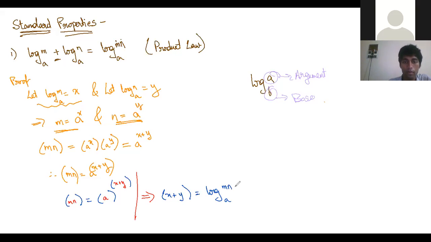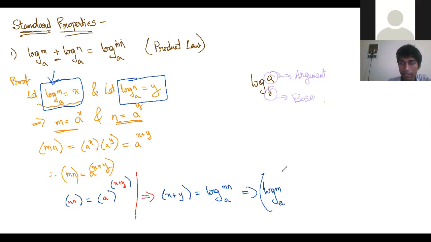Okay. But what is x and what is y? We ourselves defined x and y. So instead of x, can I write this? Log m to the base a is the value of x, remember?